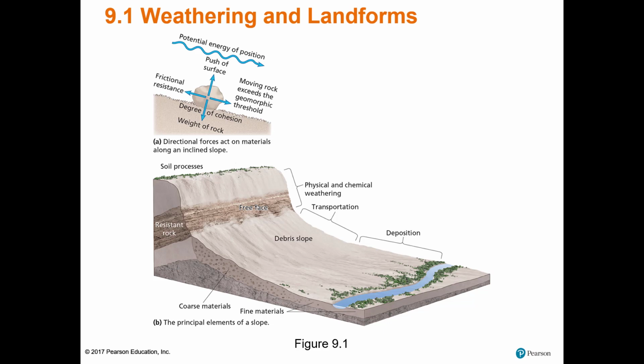Also depicted here are the different phases where physical and chemical weathering is the primary force on the free face. Transportation is occurring at the top of the debris slope, and then deposition is occurring at the bottom of the debris slope.